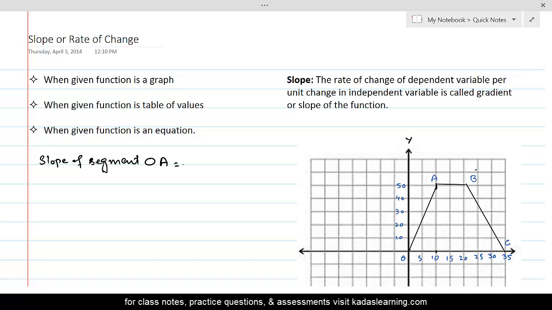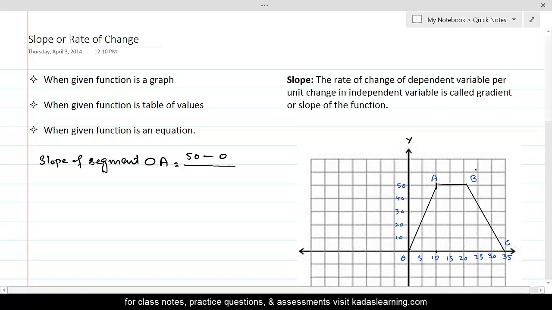While moving from O to A, how much change has occurred in the dependent variable? The dependent variable is 0 for O and 50 for A. Therefore, this change is equal to 50 minus 0. And how much is the change in the independent variable?